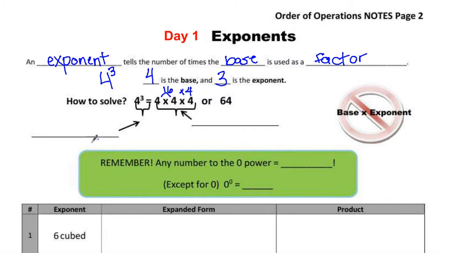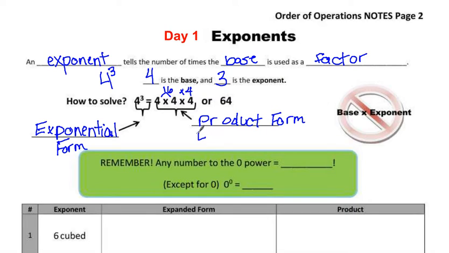So the name of this kind of form, this is called exponential form. And then this is also called product form, or expanded form.